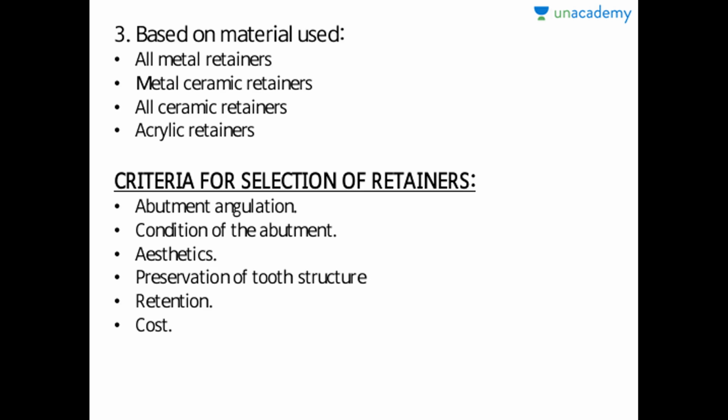They are indicated both in anterior and posterior teeth as they are economically stable. The ceramic can be either a facing on the labial side or a full coverage. They require more tooth preparation than the all metal type, as it includes both metal as well as ceramic.